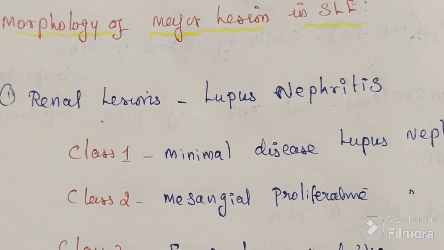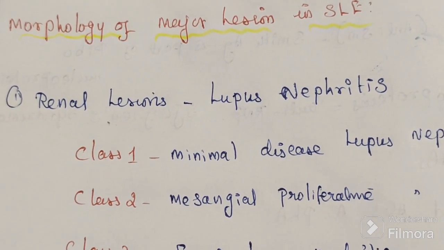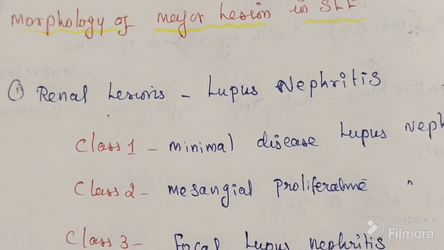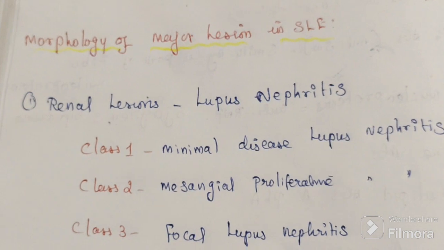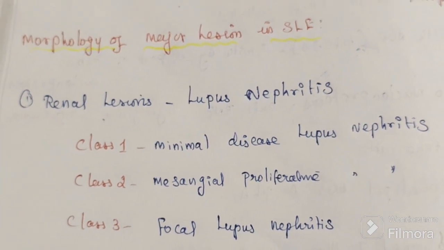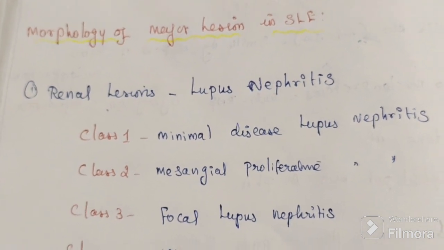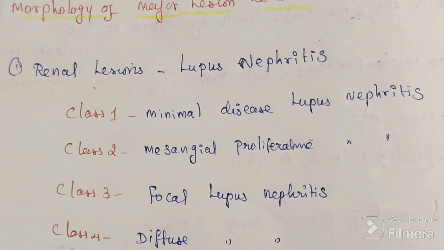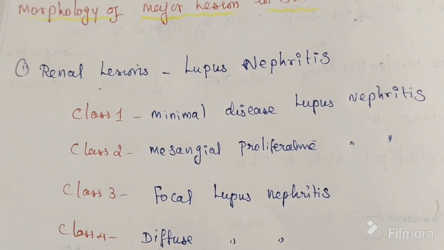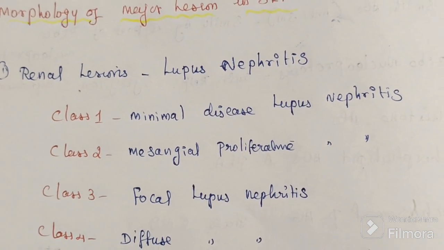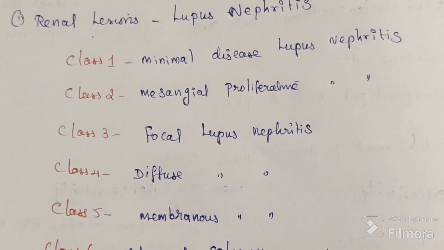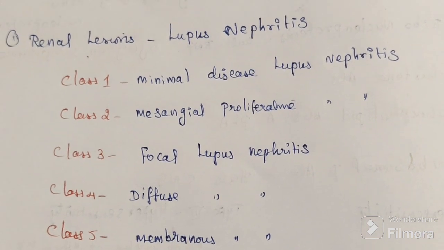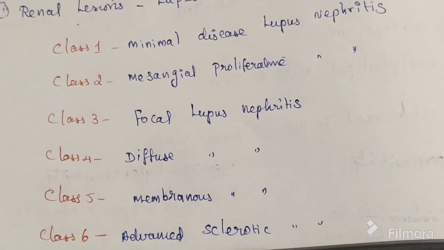Next, morphology of major lesions in SLE. Basically, renal lesions, the kidney is affected a lot. Blood vessels are affected, skin is affected, heart also affected. A renal lesion is called lupus nephritis. Class 1 to class 6 is there, so many classes, from minimal to advanced.